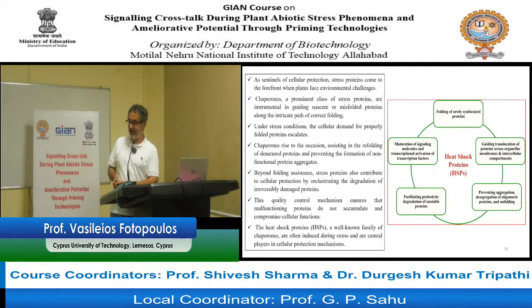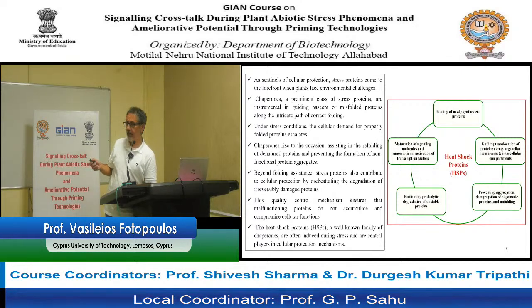So you can see here a diagram that shows the overall functionality and importance of the HSPs in particular, the heat shock proteins. So they assist in the folding of newly synthesized proteins. They guide translocation of proteins across organellar membranes and intercellular compartments. They prevent aggregation, and facilitate disaggregation of oligomeric proteins as well as unfolding.